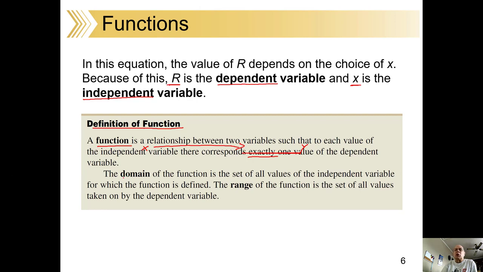You don't have to be too concerned about this, but we do talk about it occasionally. The domain is all the possible x's that you can think of, all the legal x's that you're allowed to use. The range is all the y values that you could get by using the numbers from that first set.